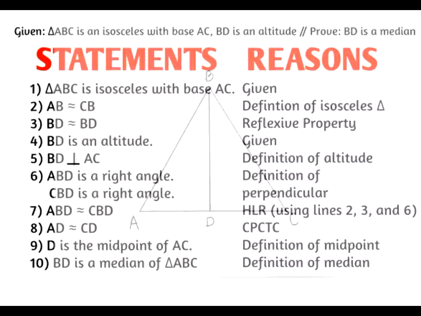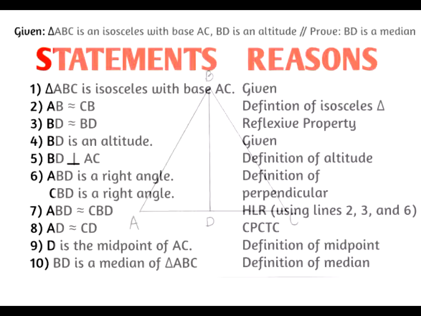Statement 5. Segment BD is perpendicular to segment AC. And the perpendicular sign, as we can see, from top to bottom, it resembles BD, and from left to right, it resembles AC. Reason for statement 5, definition of altitude.